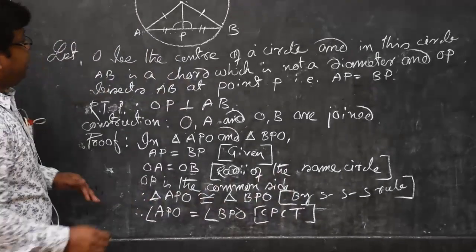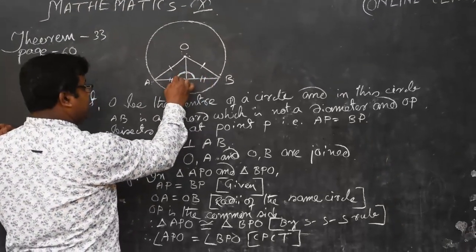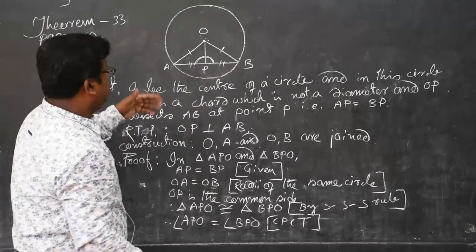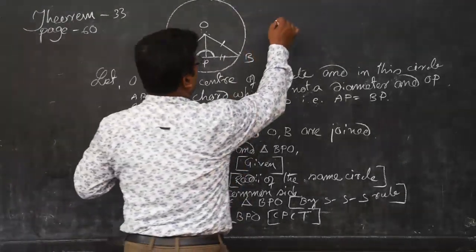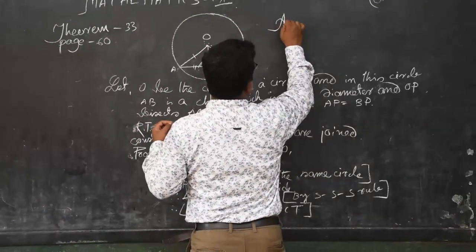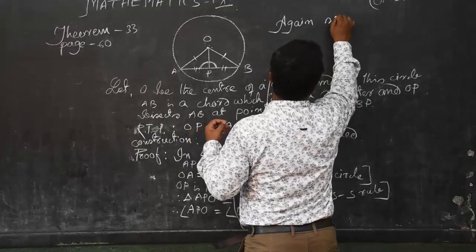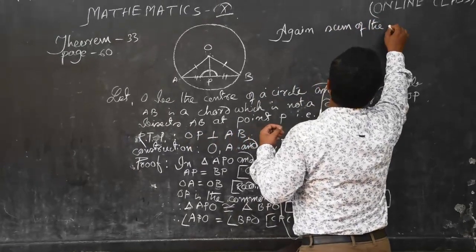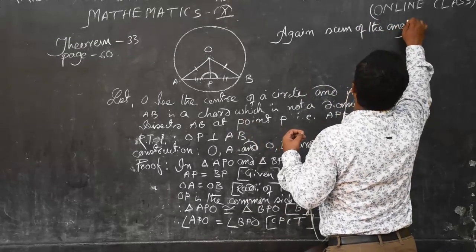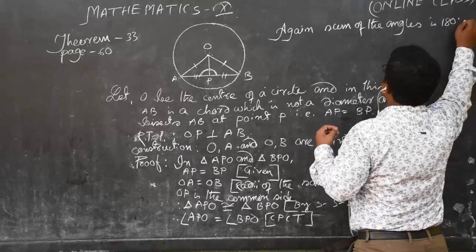Again look here, the sum of these two angles is 180 degrees. I am writing here because I am not getting adequate space. Again, the sum of the angles is 180 degrees.